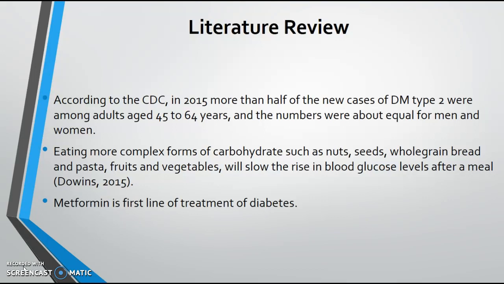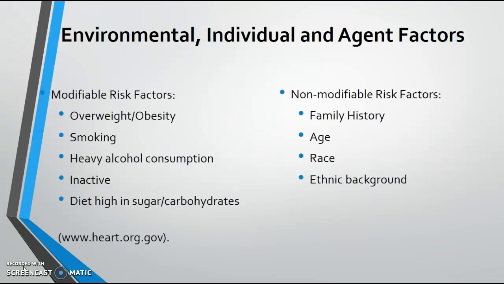And it also stated that if you eat more complex forms of carbs such as nuts, seeds, whole grain, bread, and pasta, fruits, and vegetables, this will slow the rise in blood glucose levels after a meal, so therefore not causing diabetes. Usually a lot of doctors like to use metformin as the first line of treatment to try to lower the blood sugars. So environmental, individual and agent factors.